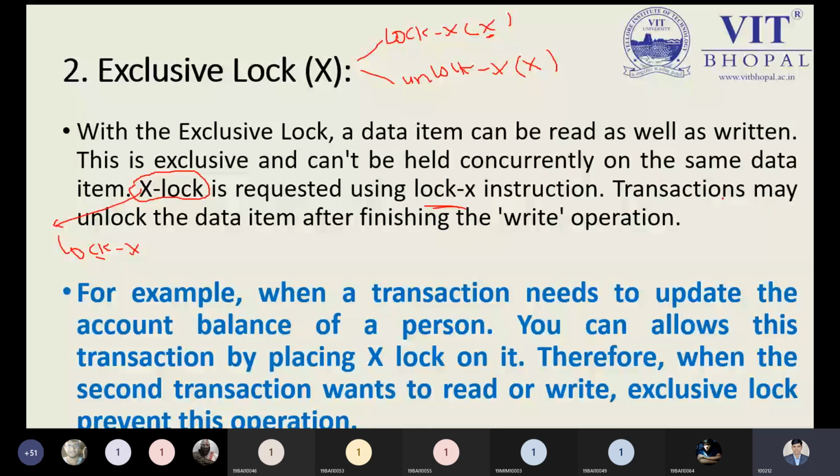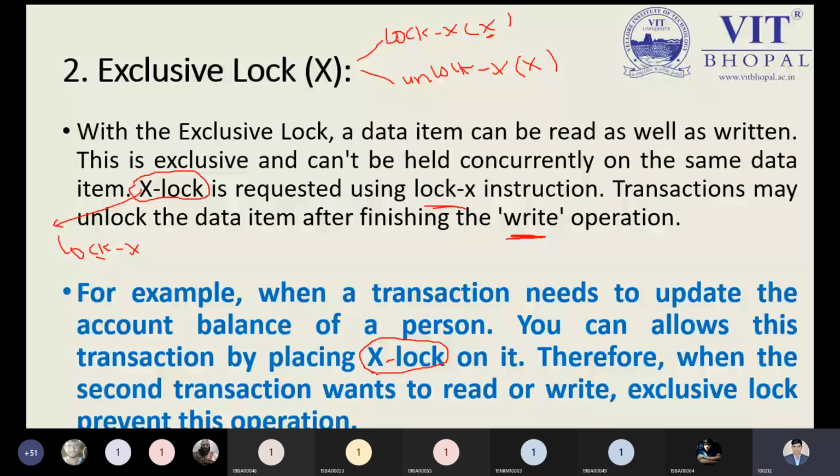A transaction may unlock the data item after finishing the write operation. This is a point you need to keep in mind. I am repeating once again: a transaction may unlock the data item after finishing the write operation. For example, when a transaction needs to update the account balance of the person, as in the previous example, you can allow this transaction by placing the X lock on it, that is, X lock means exclusive lock.